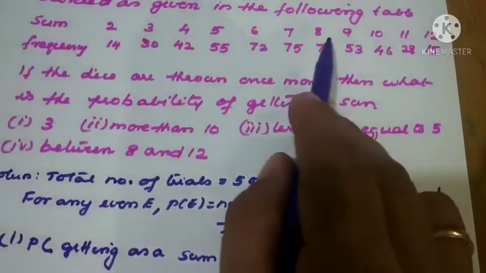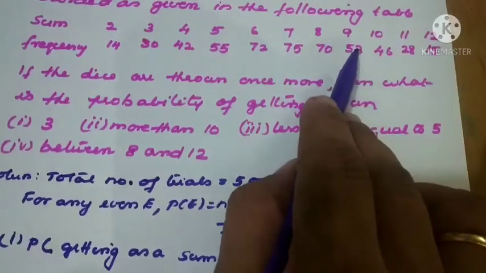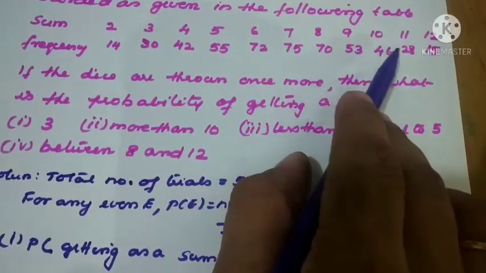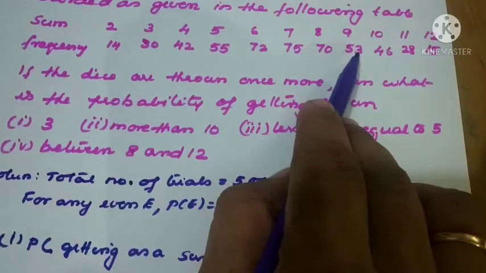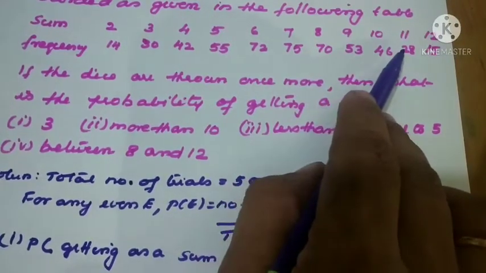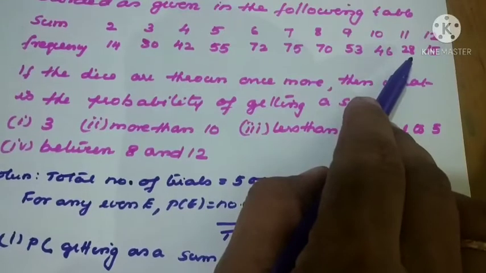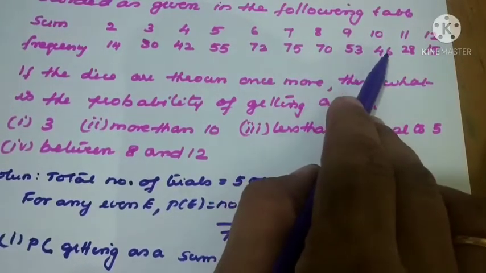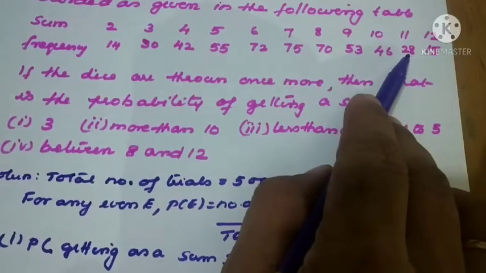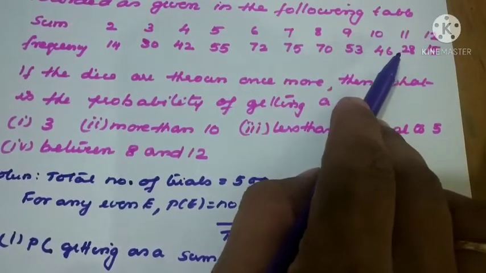Between 8 and 12 means 8 and 12 are not included, but the values corresponding to 9, 10, 11 are to be taken. Against 9, what is the frequency? 53. Against 10, 46. Against 11, it is 28. So all these three frequencies are to be added, that is 53 plus 46 plus 28, which is the favorable number of trials out of 500.